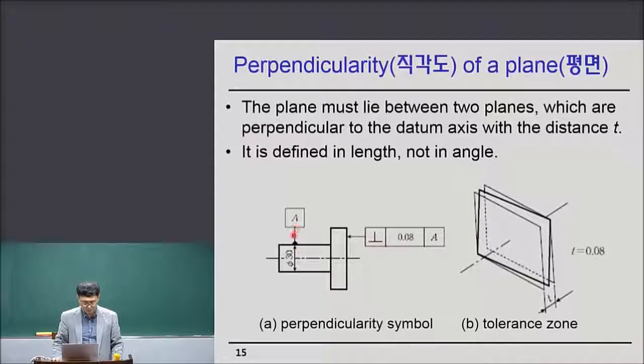A is attached to the pi 30, so A means the axis of the pi 30 cylinder. Don't misunderstand that. Never misunderstand that A designates the cylinder surface. Never. It is the axis of the cylinder.